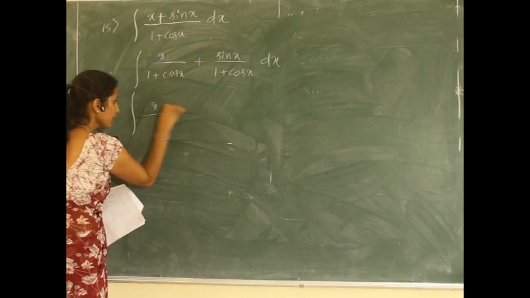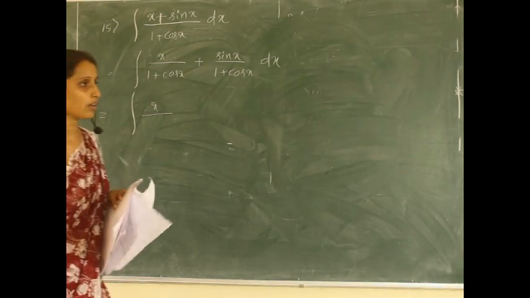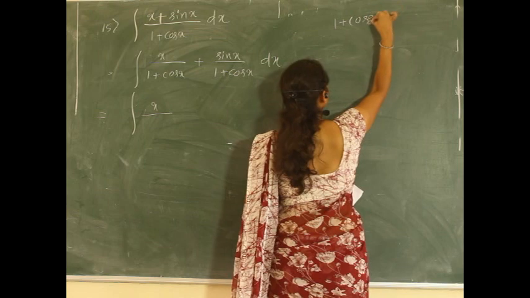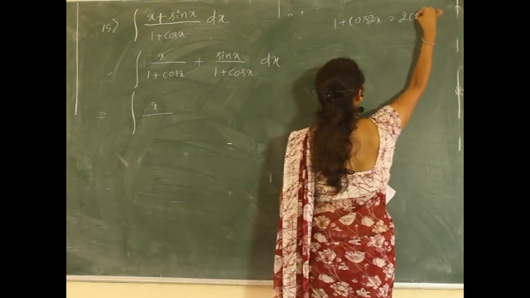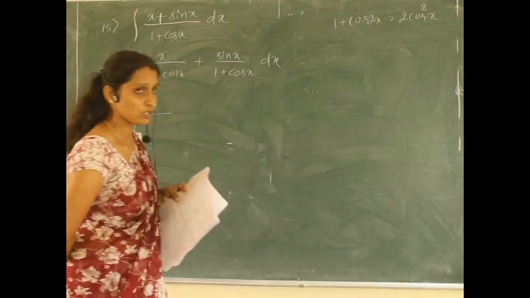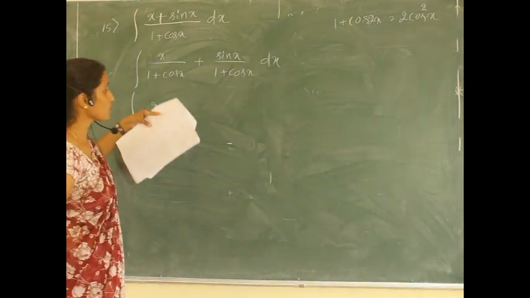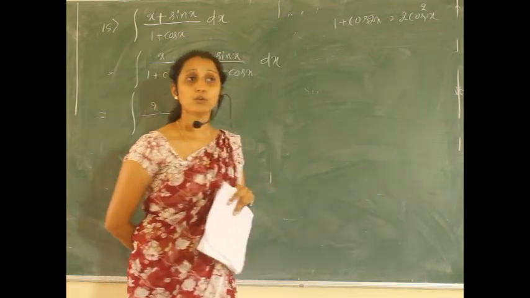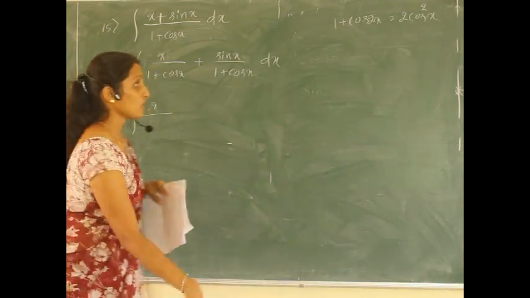We know that 1 plus cos 2x is equal to 2 cos square x. Since it is 1 plus cos x, we have to use the half angle formula. So 1 plus cos x will be 2 cos square x by 2.